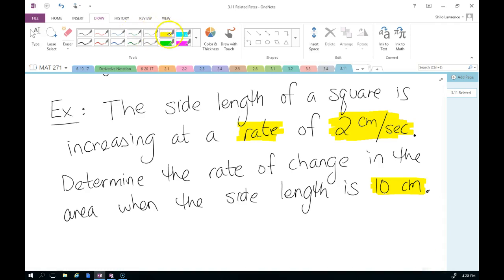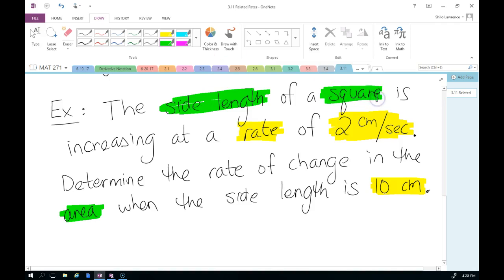So in this problem, they're talking about area and they're talking about side lengths for a square. That's important to point out right away, because that's going to tell us the formula that we need to use. So we know we need to use area equals side squared. And then they want us to figure out the rate of change in the area.